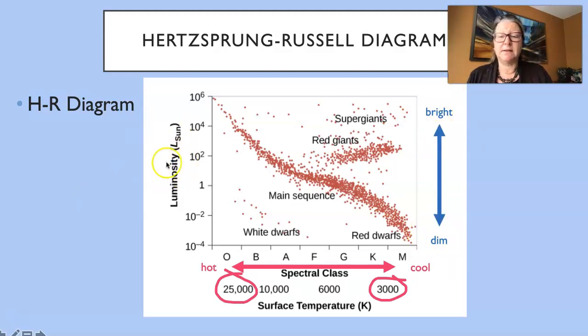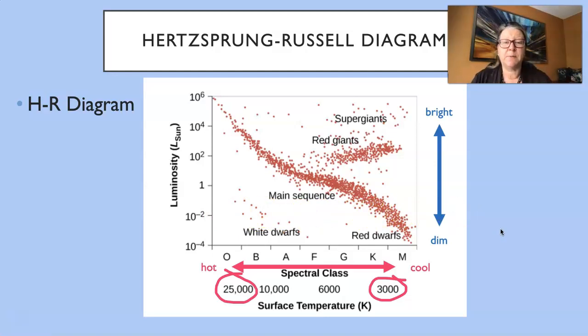So the luminosity here is based on the sun's luminosity. So the sun is just going to equal 1, and the sun would be right here. And then up here, if a star is up here, it's 100 times as bright as the sun. If it's up here, it's 10,000 times as bright as the sun. If it's down here, it's 100th of the brightness of the sun. So this way we don't have to worry about units.